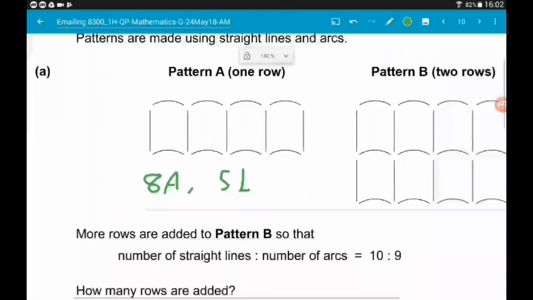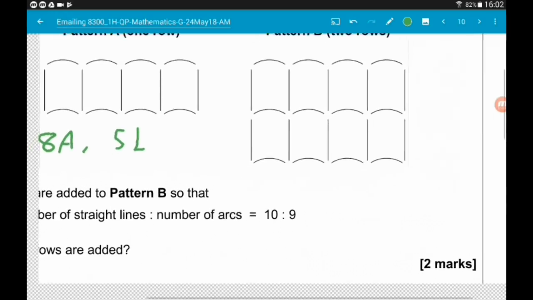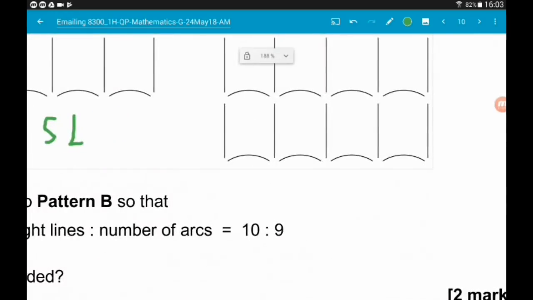Now, in pattern B, we've now got 4 more arcs. So we've now got 12 arcs, and we've got 10 straight lines.